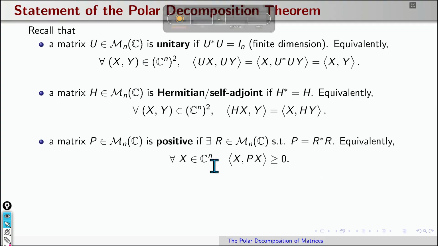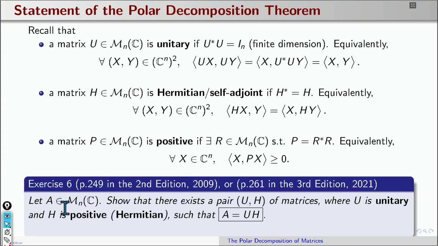Let us now state the theorem. For any matrix A, there exists a unitary matrix U and a positive matrix H such that A equals UH. This is the analogue of what you have for complex numbers. You can write e to the i times the angle, times the modulus.